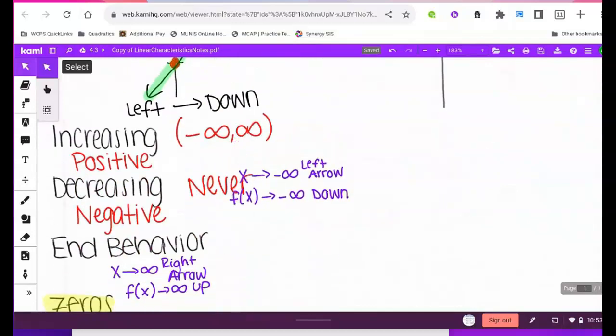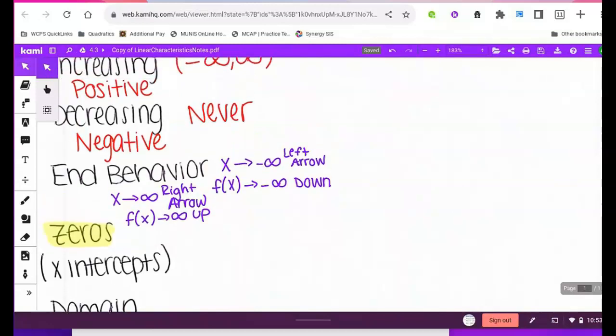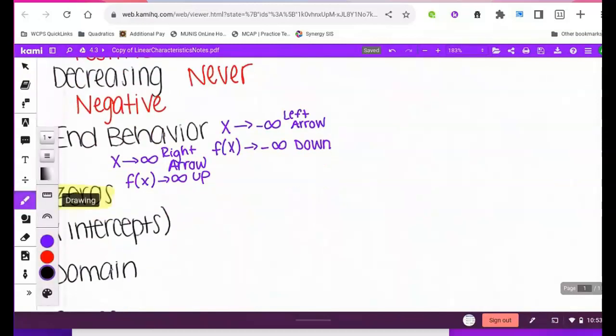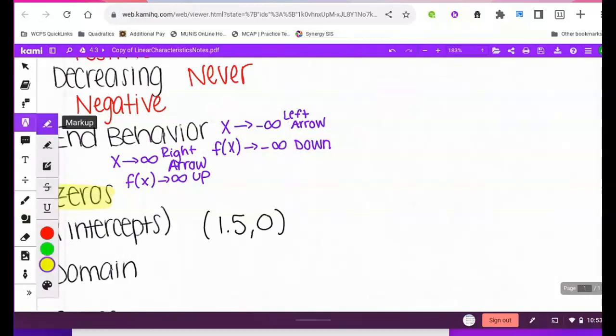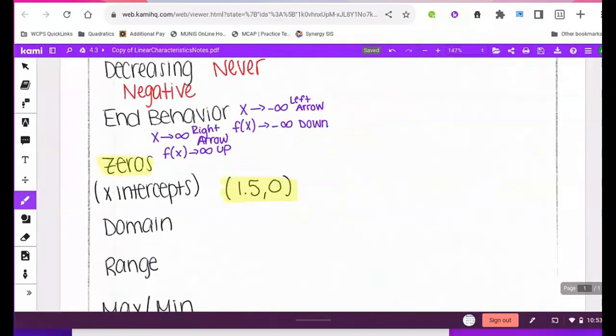So our x-intercept is the point 1.5, comma 0. And that's the yellow point on my graph. The x-intercept is just the point where it crosses the x-axis.